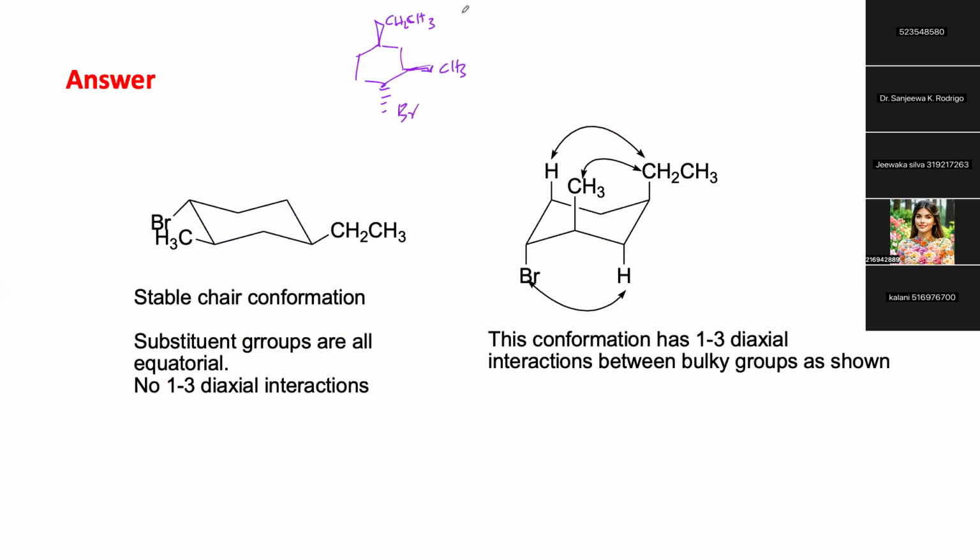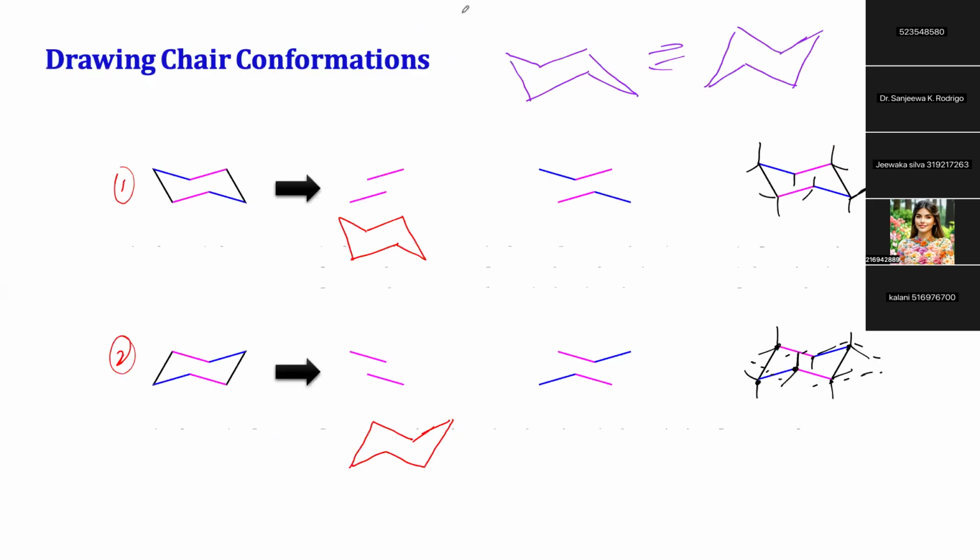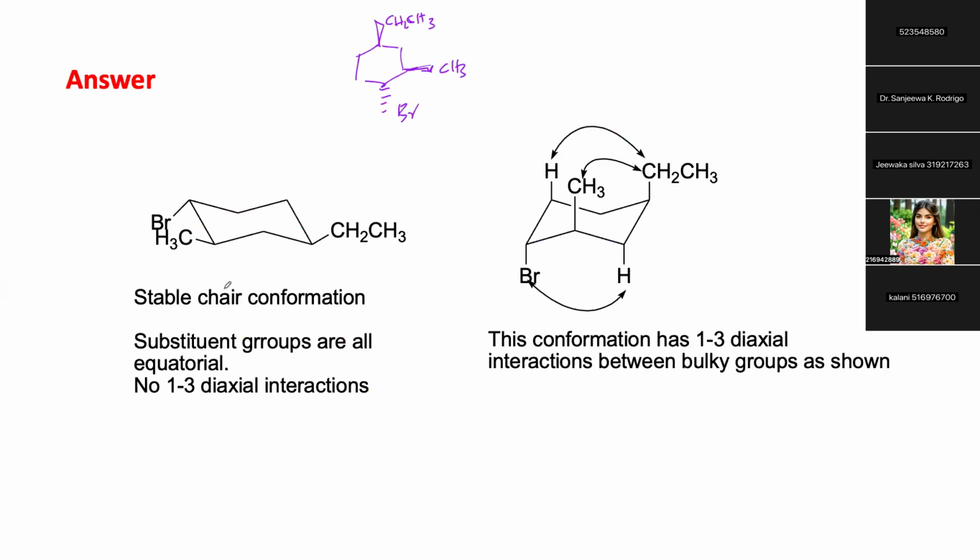So if you don't have any substituents, this is all you have to draw. You only draw these 2 just for the cyclohexane, but this is a tri-substituted cyclohexane. There are 3 substituents, and then you have to show the stereochemistry correctly. And so the CH2CH3 is coming up, and CH3 also coming up, and bromine is going down.